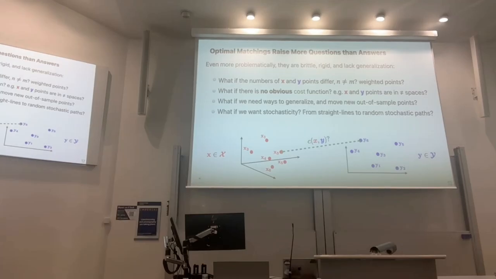So there are a lot of situations, in science or machine learning, where we compare points that do not live in the same place, but where we have the idea that they might be associated.